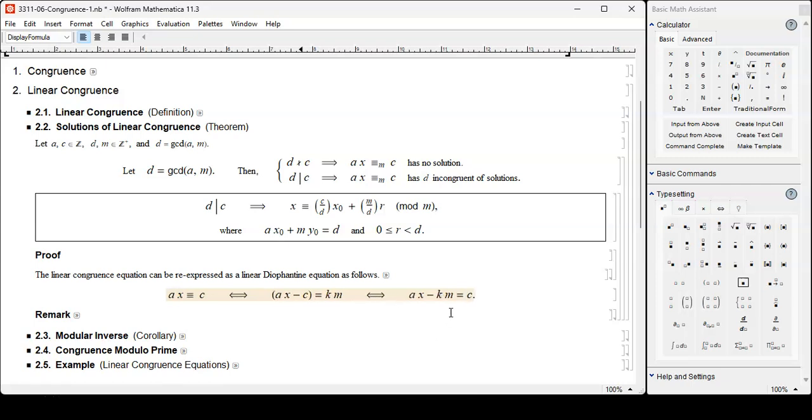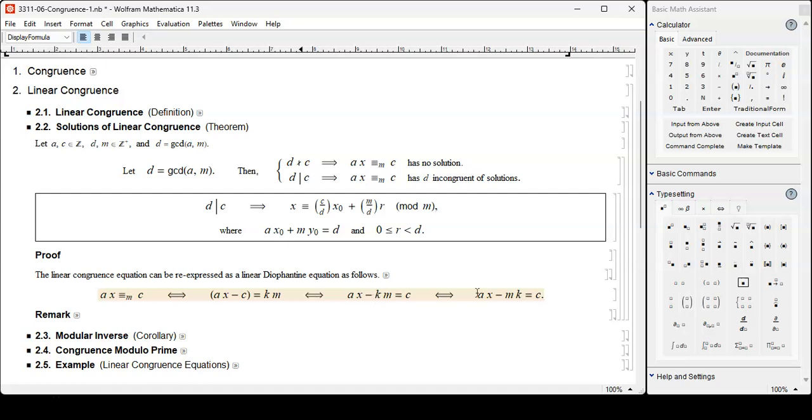But instead of writing like this, it's going to be more convenient to do it this way: ax minus mk is equal to c. Excuse me, it should not be equality. Oh, yeah, it's equality. It's right, excuse me. This was modulo m, but I use this km. So from this point on, everything is equality, and we have the Diophantine equation.